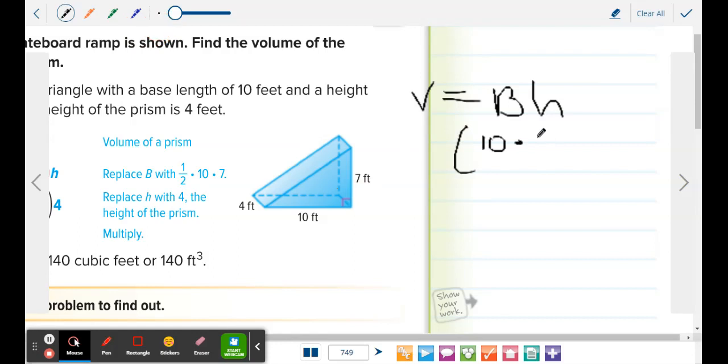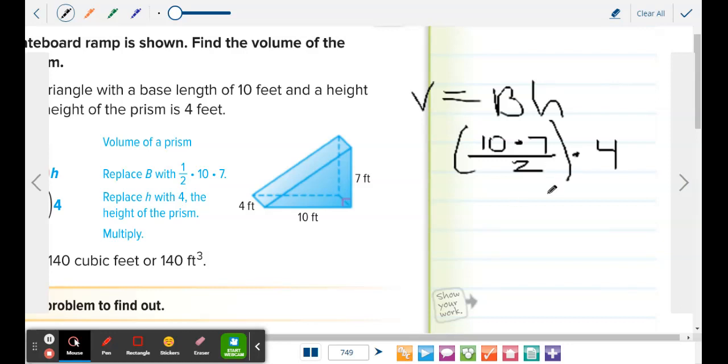What's the height of the triangle? 7. And then what's the height of the entire thing? 4. So do 10 times 7, divide by 2, and multiply by 4.